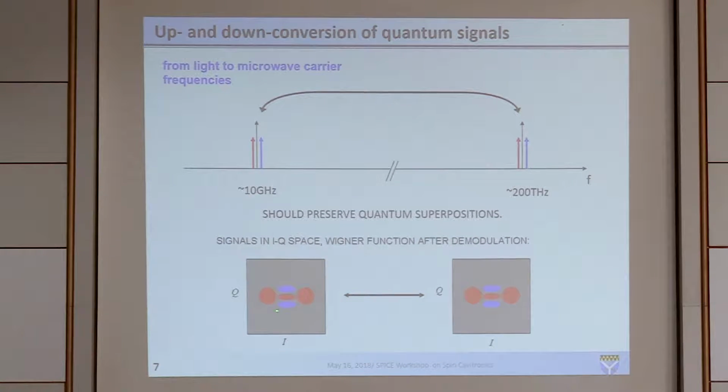Whatever way you describe the statistics of your photons, you do not want to change the statistical properties of a photon. What you only want to change is the carrier frequency. You up convert, down convert, but your sideband or your Wigner function remains the same.